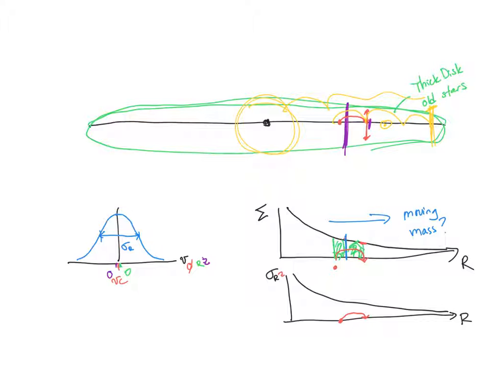It might give rise to an extended part of the disk out here that we call the outer disk. So that's Olivia's work, and she's trying to build a model to see if we can actually use radial migration to build this outer disk.